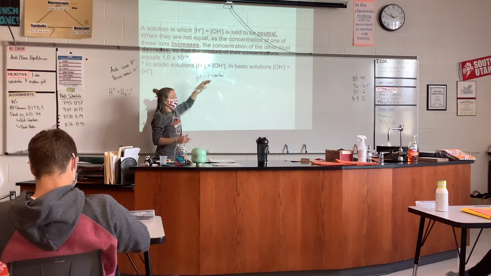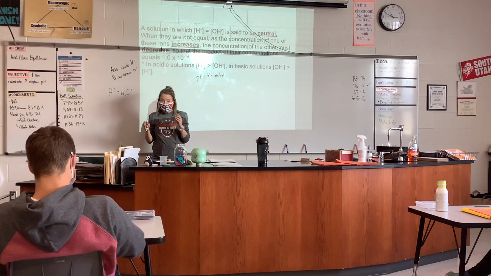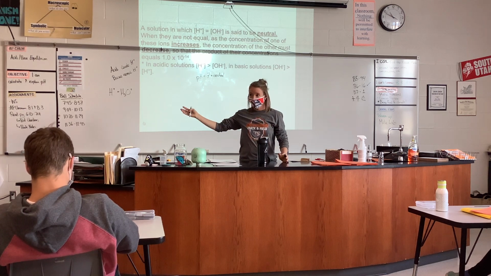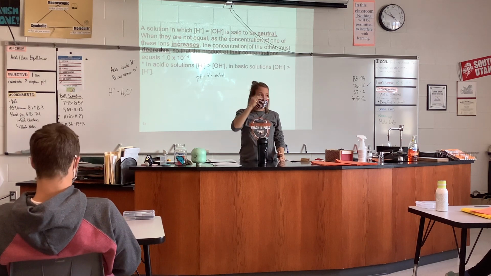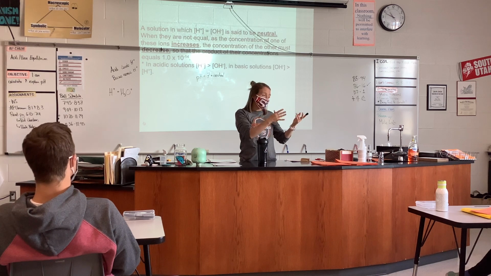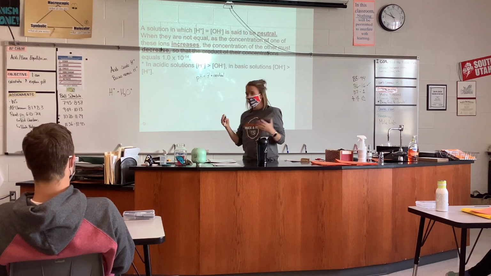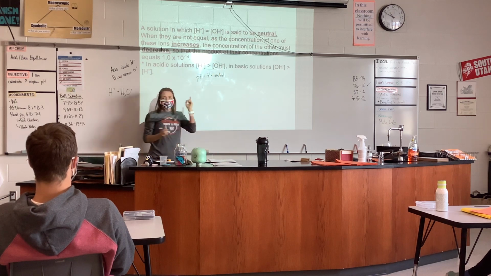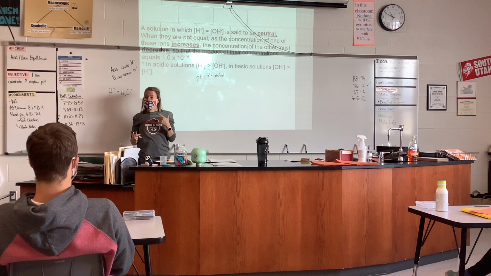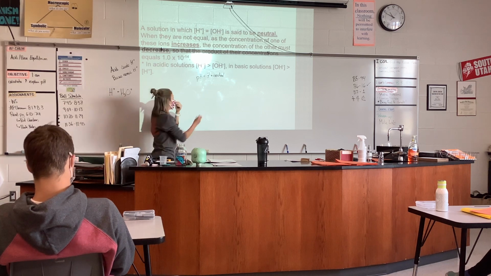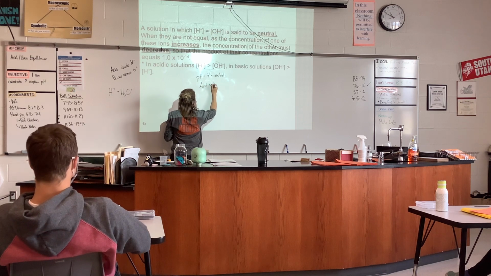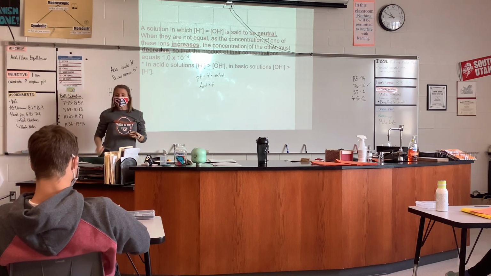So, pH of 7 is perfectly neutral. Now, when I say 7, to be perfectly neutral, we're talking about 7.00000000. Anything that slightly goes up or down is still close to neutral, but it doesn't make it perfectly neutral. Now, when the H plus is greater than the OH minus, that's what classifies something as an acid. On the pH scale, acids are less than 7. So anything less than 7 is an acid.